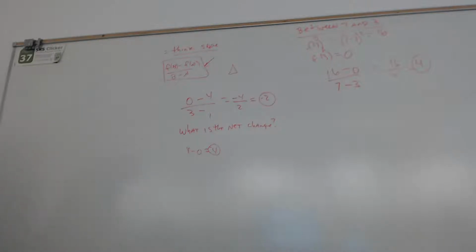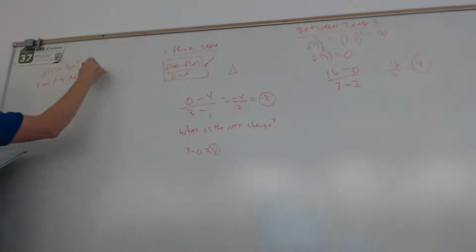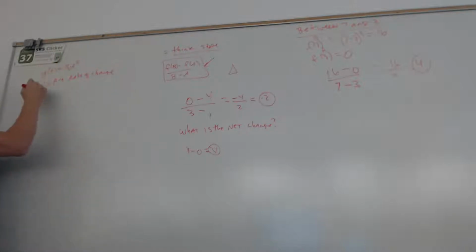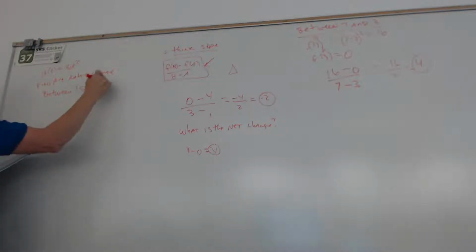All right. So let's say an object is dropped from a building and it follows d of t equals 16t squared. Find the average rate of change between 1 second and 5 seconds.